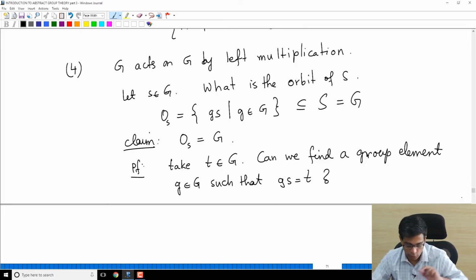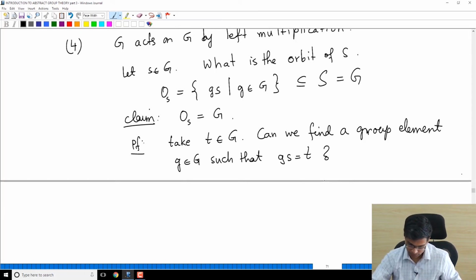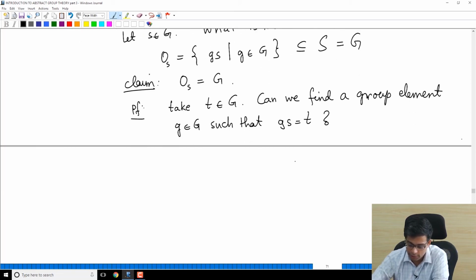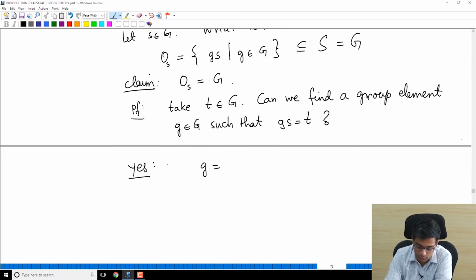So now, in order to prove that OS equals G, take any element of capital G, which I am calling small t. We want to find a group element such that GS equals T. Of course we can find such an element. What is G? G is simply T S inverse.